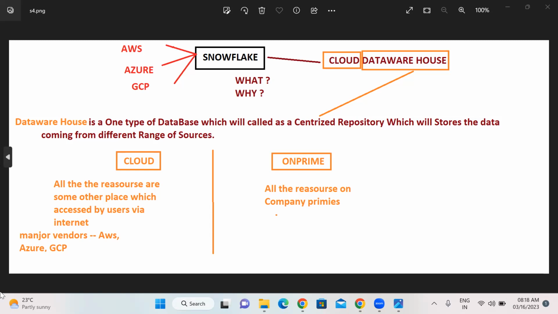Like that, a data warehouse is one type of database, but it is used for maintaining old data, bulk and huge data from different sources. A database is also a type of storage, but it maintains only the latest and small data, like very recent transactions.